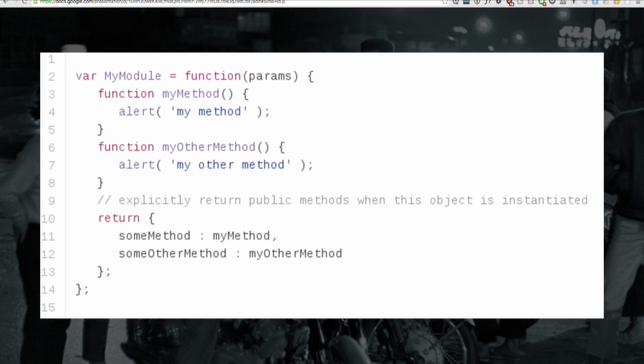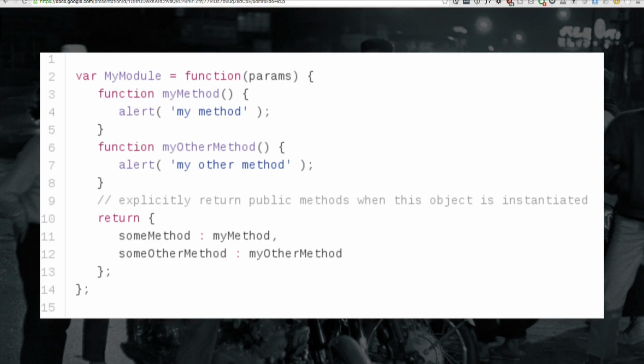This is an example of a module I've written in pure vanilla JavaScript. It's nothing more than a function with parameters. If you look, I have two private functions. If I declared any variable in here, it would be private. Then at the end, I just return an object literal, which is just an object, and there I declare how the methods are returned.